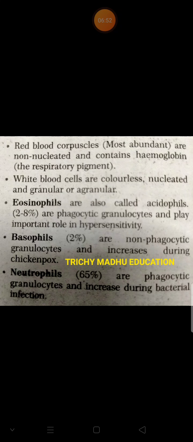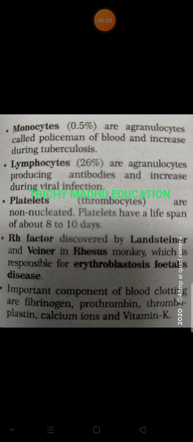Neutrophils, 65%, are phagocytic granulocytes and increase during bacterial infection. Monocytes, 0.5% in blood, are agranulocytes called policemen of blood and increase during tuberculosis. Lymphocytes, 26%, are agranulocytes producing antibodies and increase during viral infection.